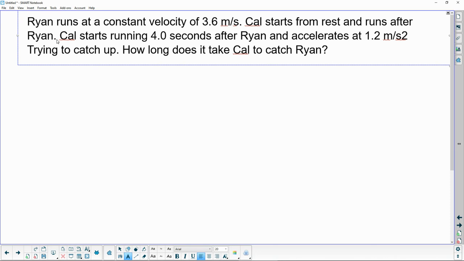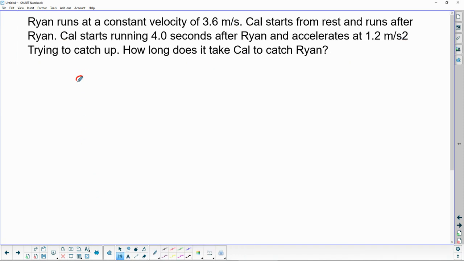So the distance of one runner, say Ryan, will equal the distance of another runner, Cal. Well, we need a time in here, so we're just going to define a variable.